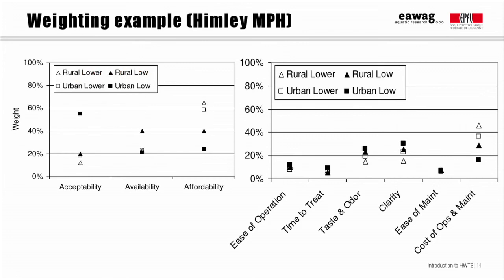So you can see that affordability is given the highest, most important weight in a low-income rural context, whereas acceptability is given the highest weight in a low-income urban context. And this acceptability criteria had 6 sub-criteria, which were also given different weights for each of those 4 contexts. These weights then could be combined with the scores and presented as a total score.